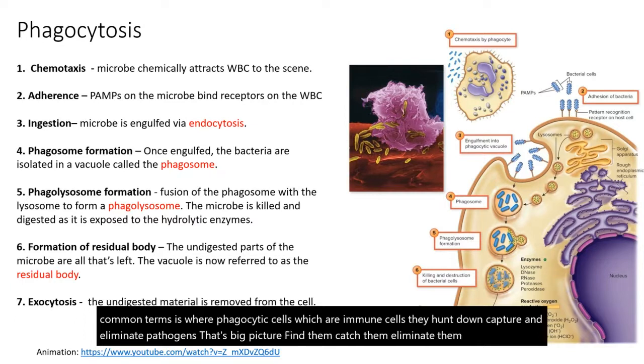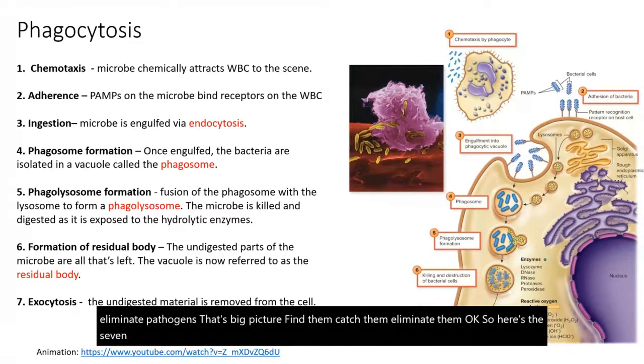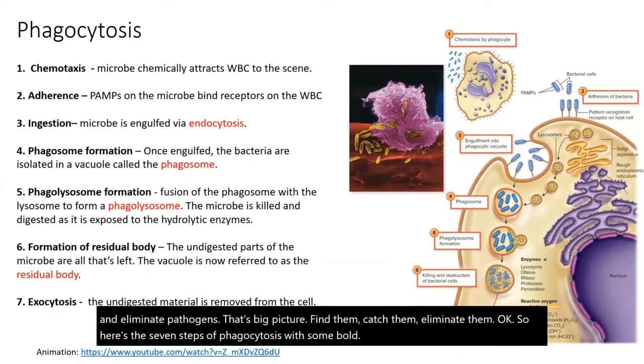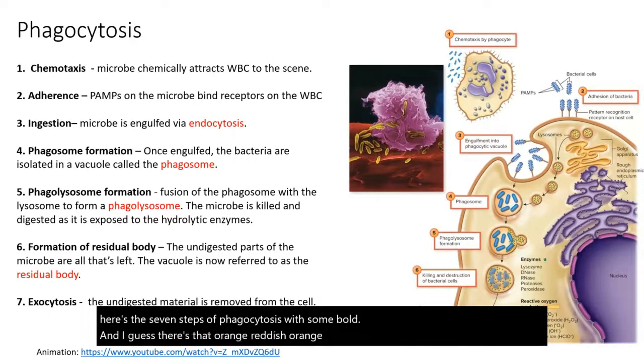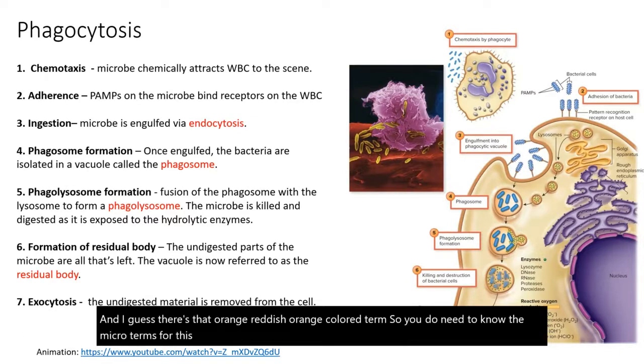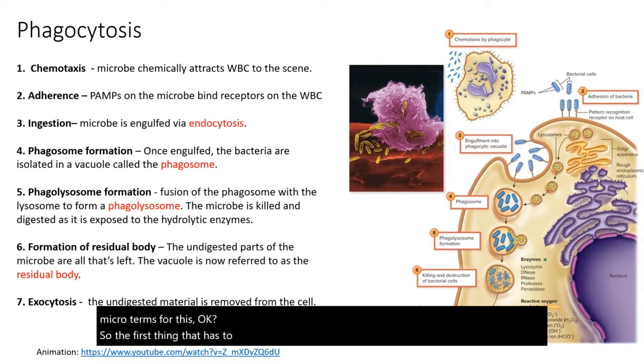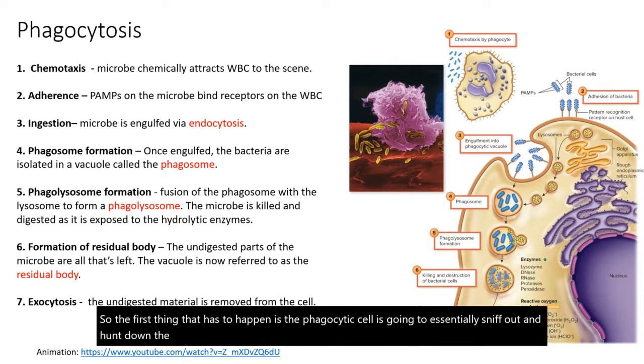Okay, so here are the 7 steps of phagocytosis with some bold, orangey-red colored terms. So you do need to know the micro terms for this. The first thing that has to happen is the phagocytic cell is going to essentially sniff out and hunt down the pathogen. It does that using a process called chemotaxis. Let's talk bacteria, for instance.